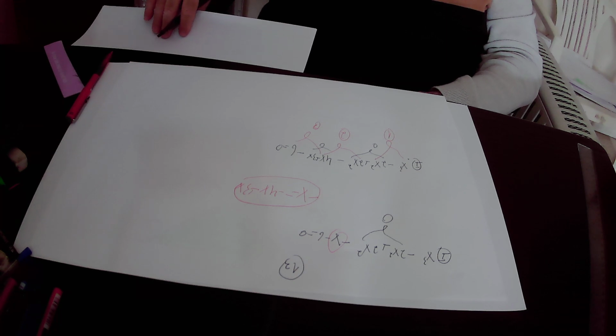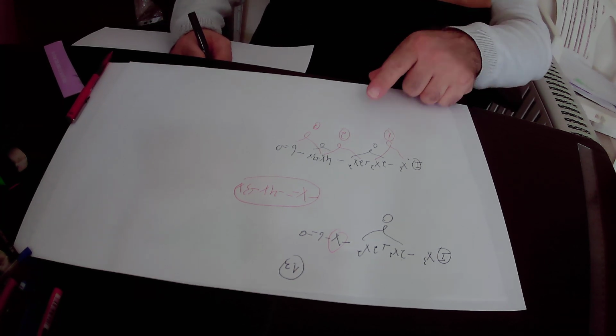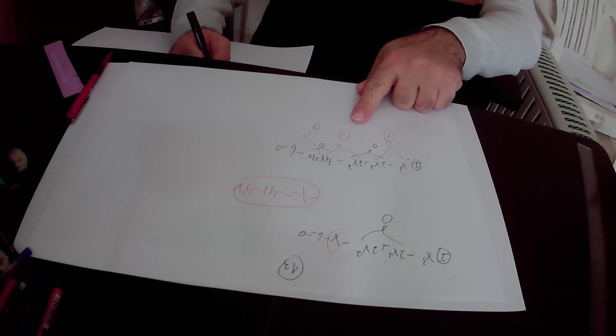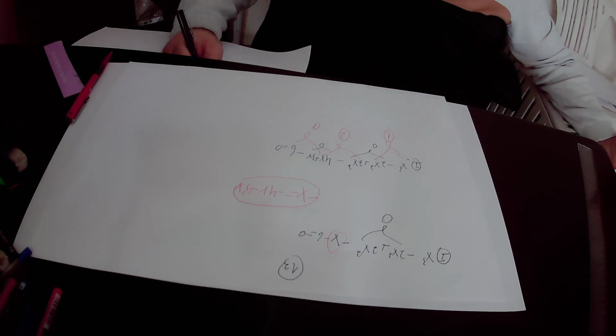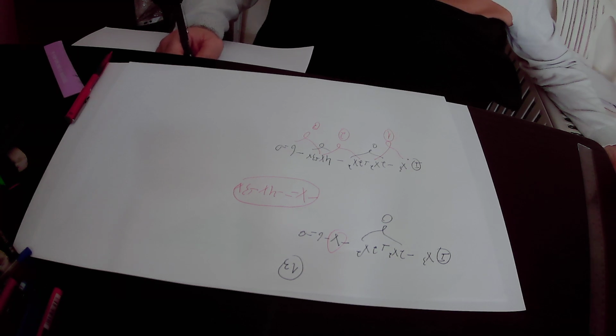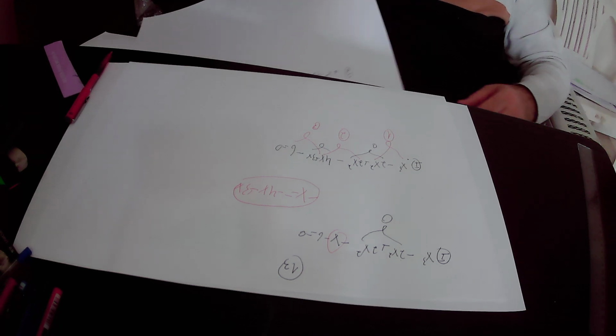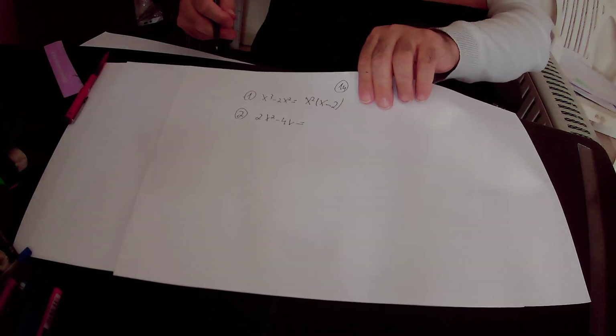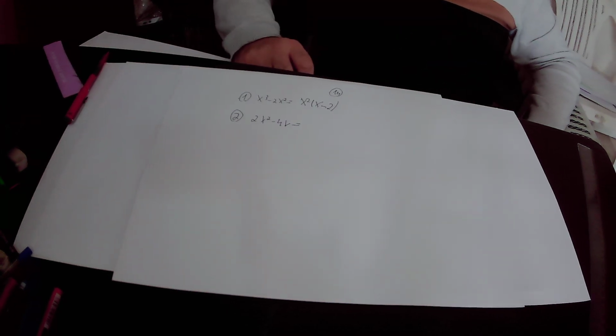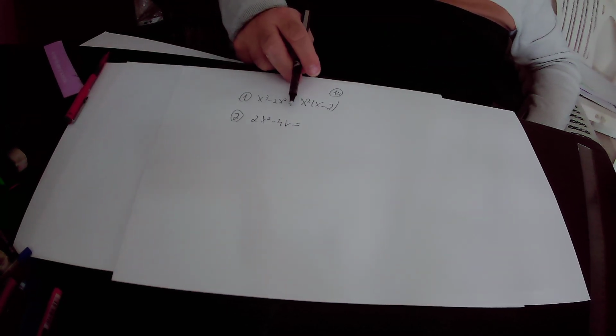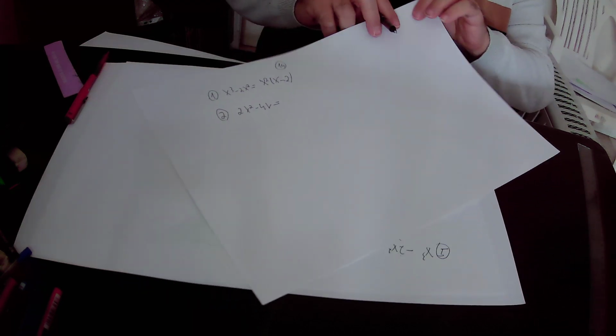Then we take a common factor of the second part of equation number 1, 2x squared minus 4x. The common factor of these two expressions will be 2x.